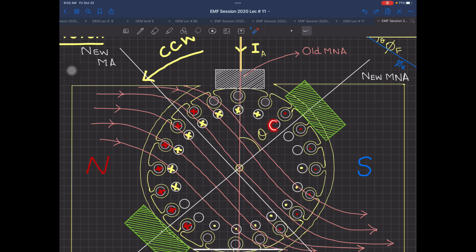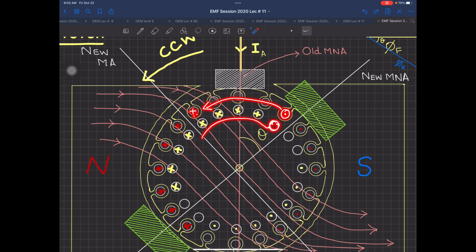Now when this conductor has to move from this dot to this cross, I'm not talking about the reshifting of cross and dot, I'm talking about the old one over there. So this is dot and this is cross. This dot to cross shifting has to take place in a fraction of a second.